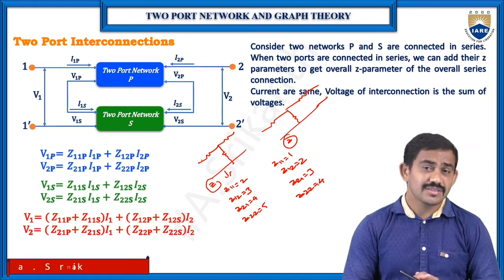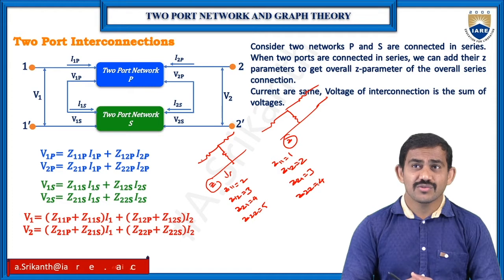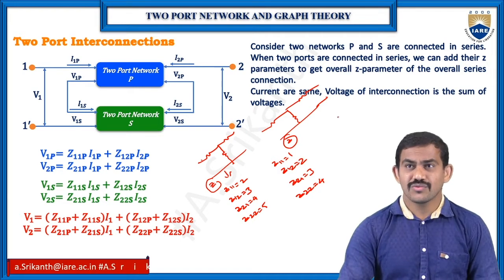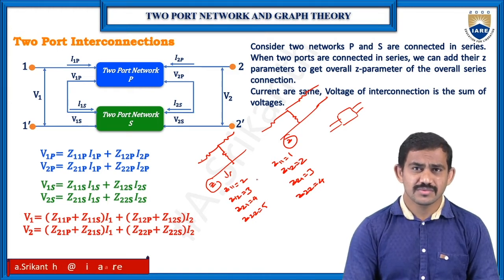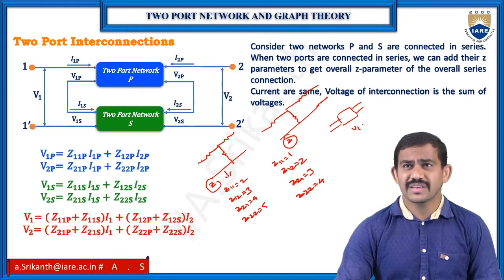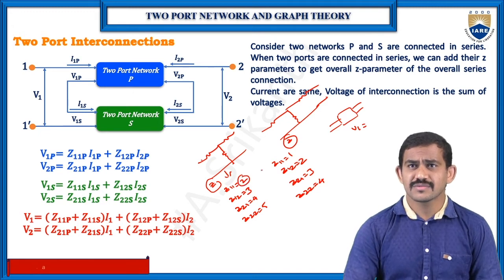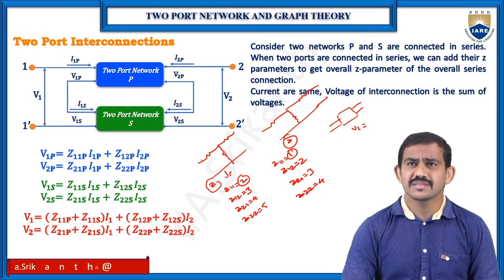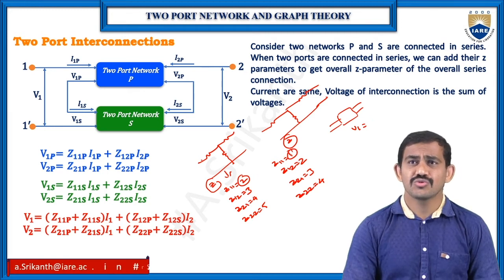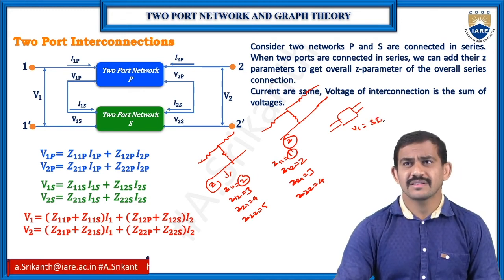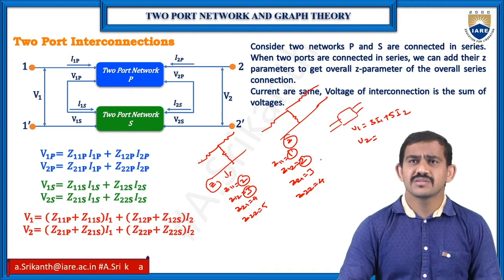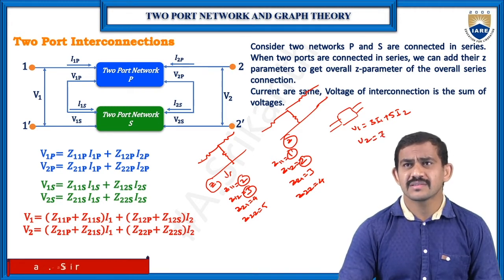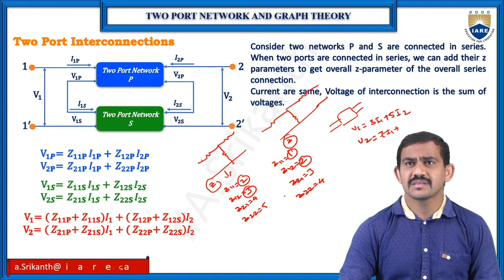I want to find the equivalent value, one single two-port network. For this circuit, V1 equals Z11 plus Z11 of the other network: 2 plus 1, 3 I1, plus 3 plus 2, 5 I2. V2 equals 7 I1 plus 9 I2.